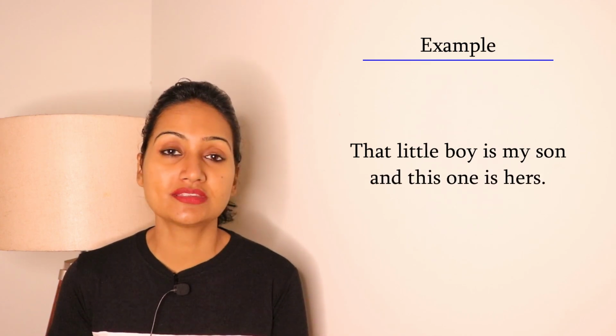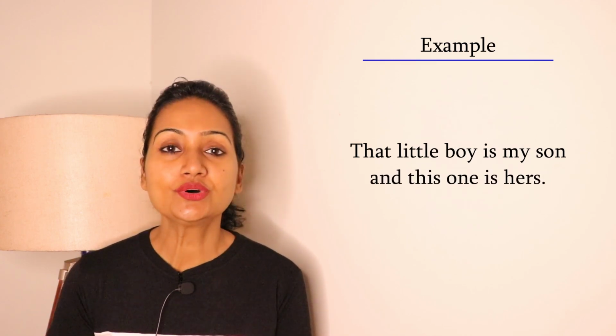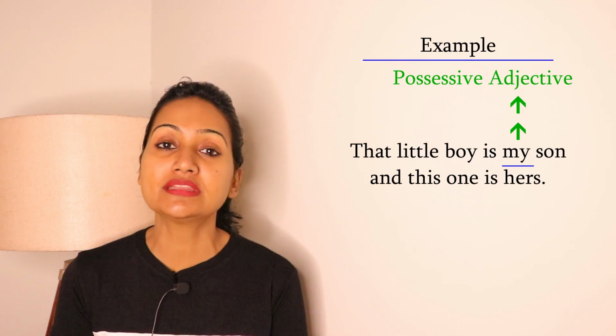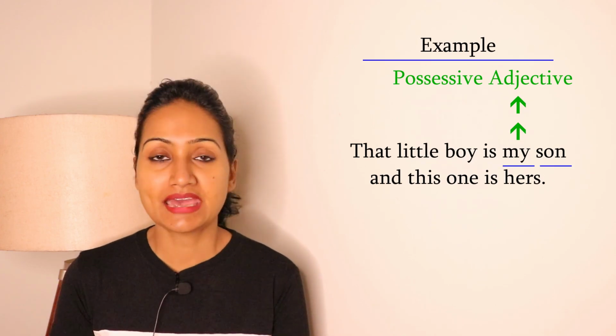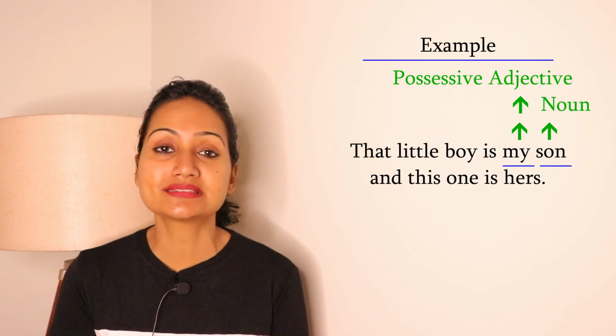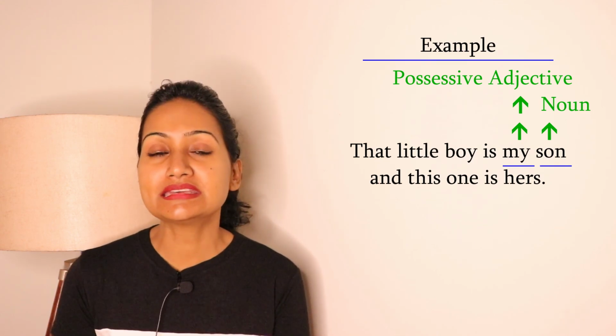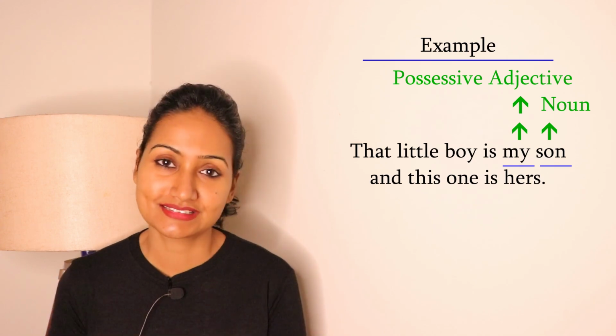Sometimes you can have a possessive pronoun and a possessive adjective in the same sentence. For example, that little boy is my son and this one is hers. So that little boy is my son. My is a possessive adjective because it describes the noun, my son, and it comes before the noun. Son is the noun. And this one is hers.